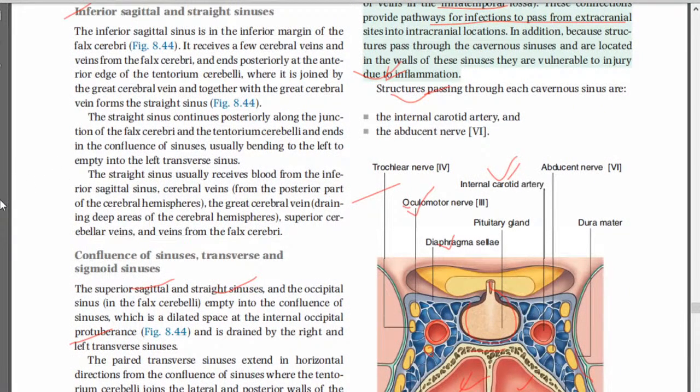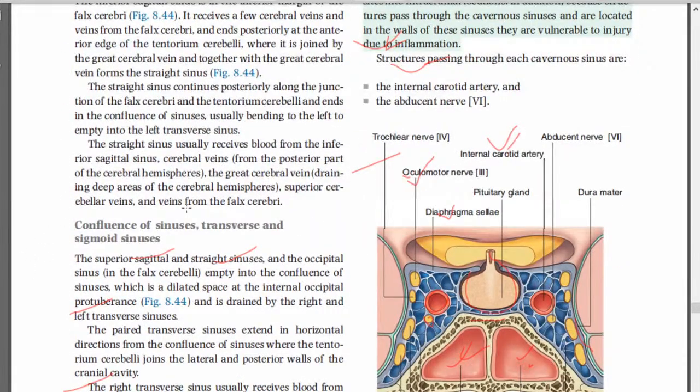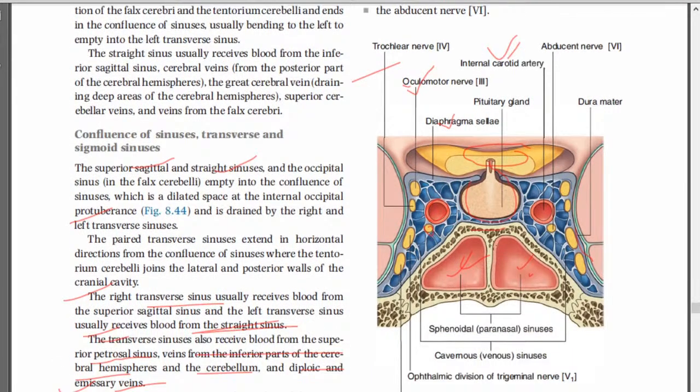So there are other things that are very important. Here we can see the relations of the cavernous sinus. Superiorly there are the optic chiasma and optic tract. Inferiorly there is the foramen lacerum and sphenoidal sinus.